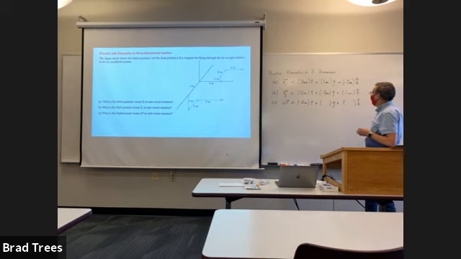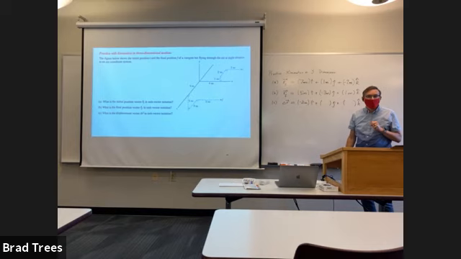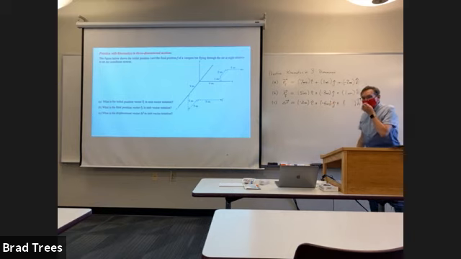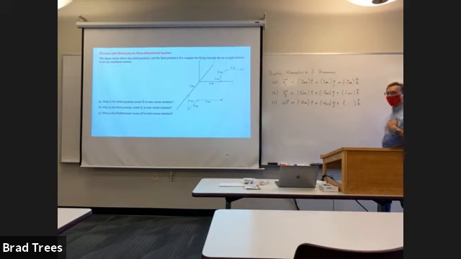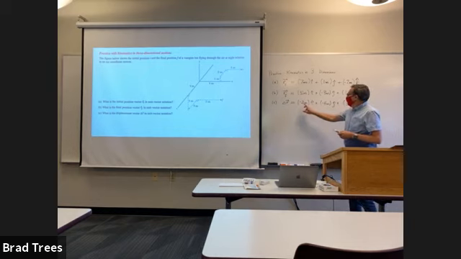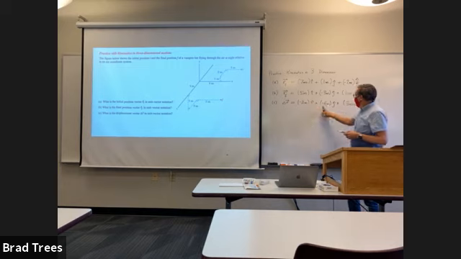Okay, what's delta Y? Good. Negative 4 meters. And so what's delta Z? Three meters. Positive 3. X component of the displacement's negative, the Y component's negative, but the Z component is positive.